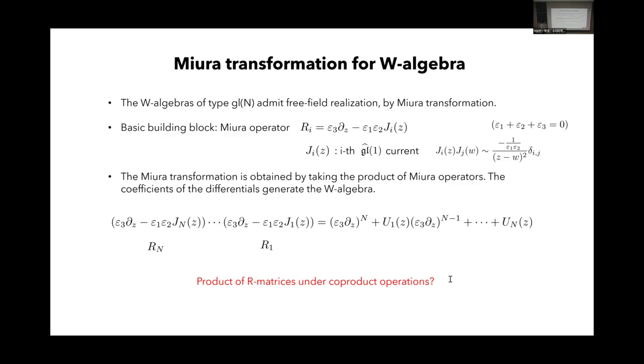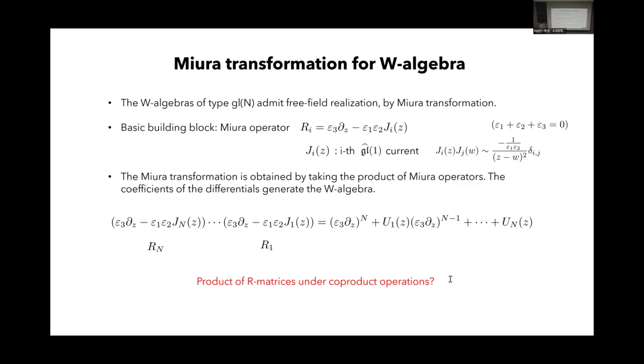The way is that you take n copies of Miura operators, denoted R_1, R_2 up to R_n, and you take the product of them from right to left like that, and expand in decreasing orders of the differential operator dz. Obviously, in the leading term, you will get dz to the power of n, but in the coefficients of the lower order terms, you will start to see some currents, U_1(z) up to U_n(z).